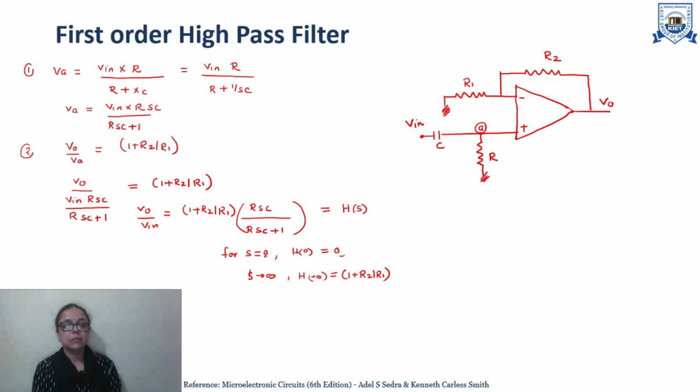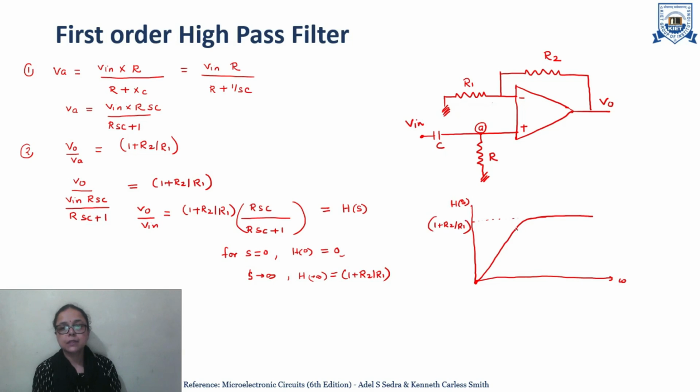So if we plot the graph for this, this is the y-axis and this is the x-axis, that is omega axis, and this is H(s). So at s is equal to 0, the transfer function is 0, so it will start from this, and after that it will be constant, and this constant gain is given by 1 plus R2 by R1.